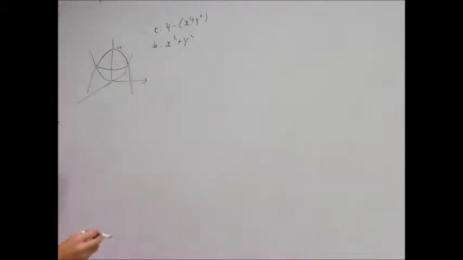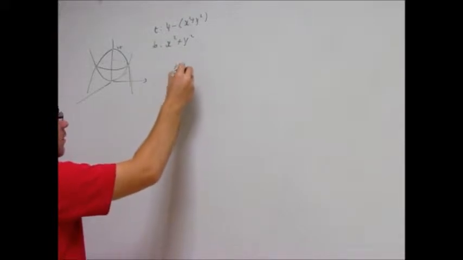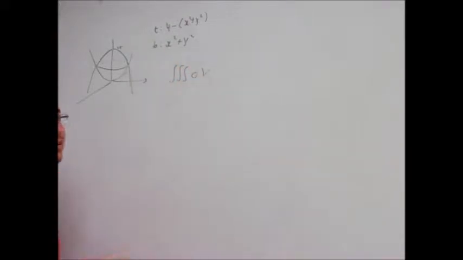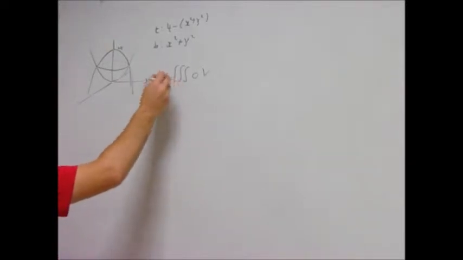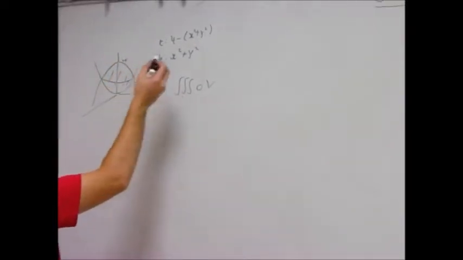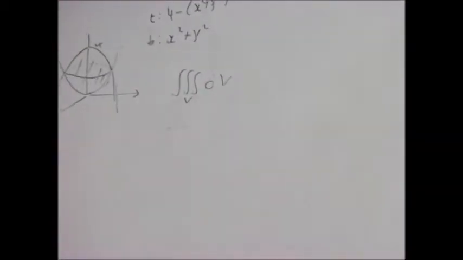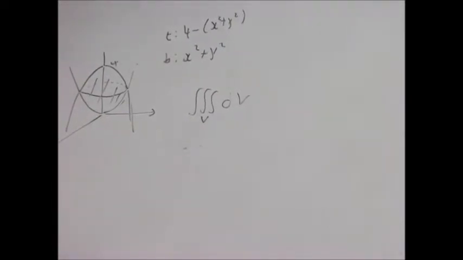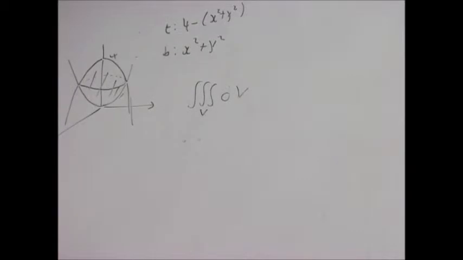So this is our region, and to find the volume, all we have to do is take the integral of dV, where we call this region V, so the volume of region V. And it's pretty easy, you may think, to set up the bounds.